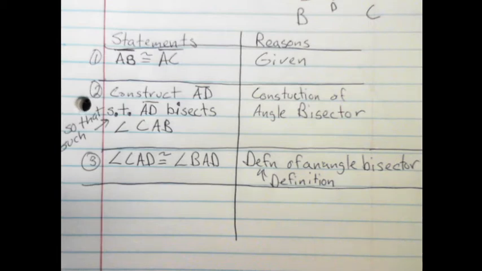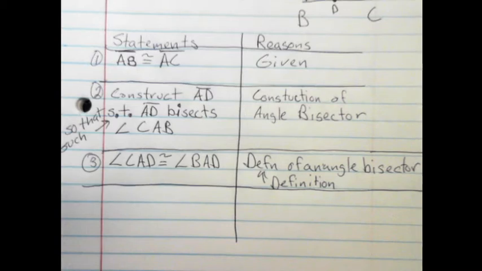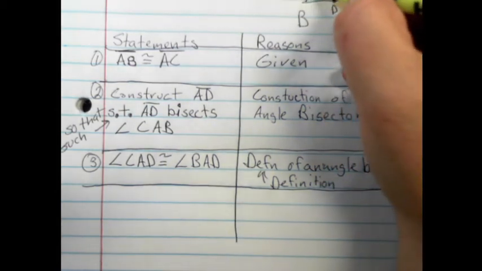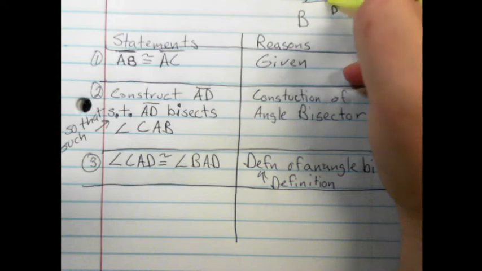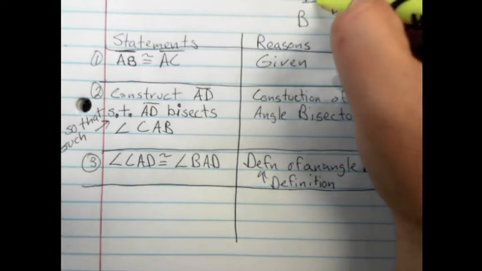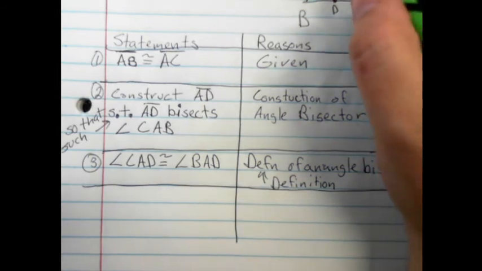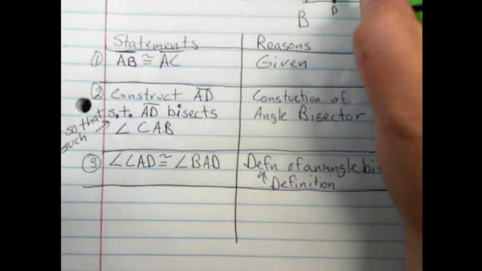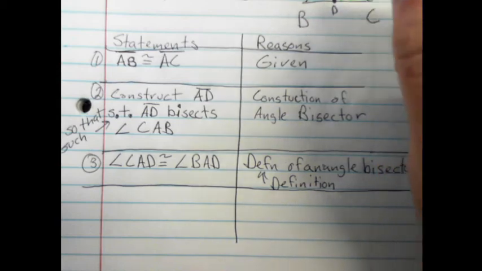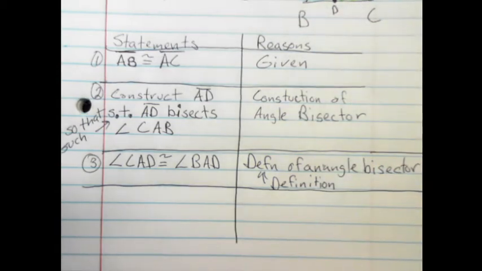So now, okay, cool. Based on that, I kind of have two triangles if you want to think about it. I've got this triangle here and this triangle here. Do you guys see that?